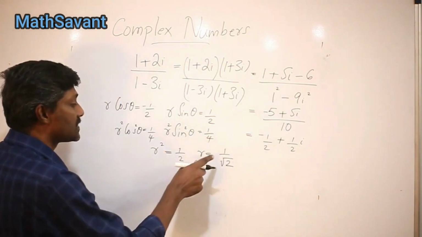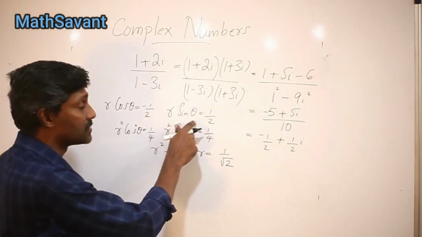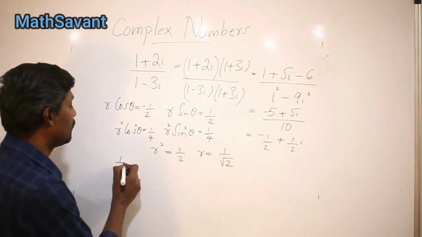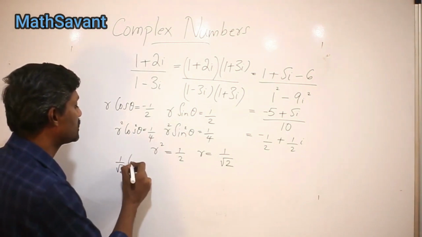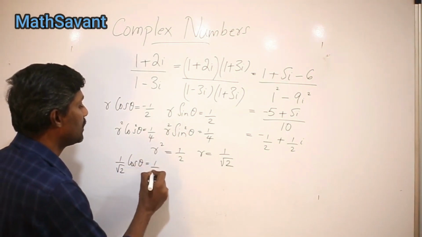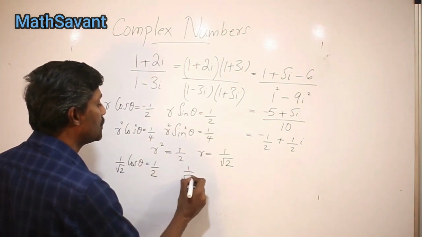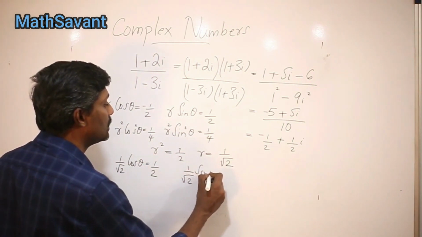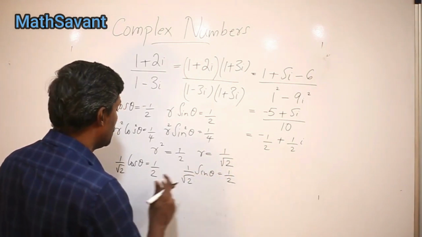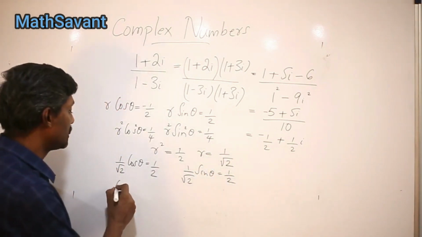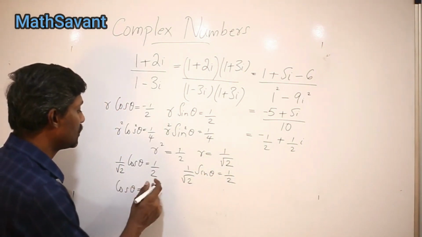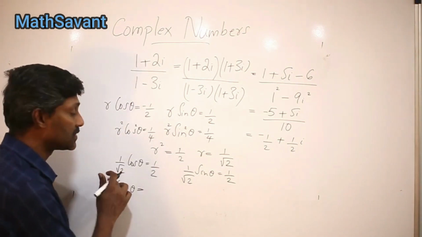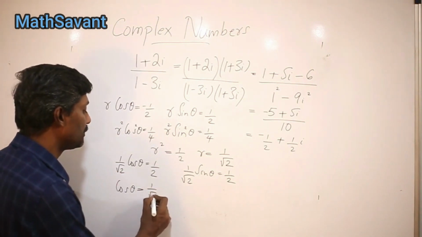The argument. Substitute this value in these two equations and we get 1 by root 2 cos theta is equal to 1 by 2. 1 by root 2 sin theta is equal to 1 by 2. And on dividing this we get cos theta is equal to 1 by 2 divided by root 2, which is nothing but 1 by root 2.